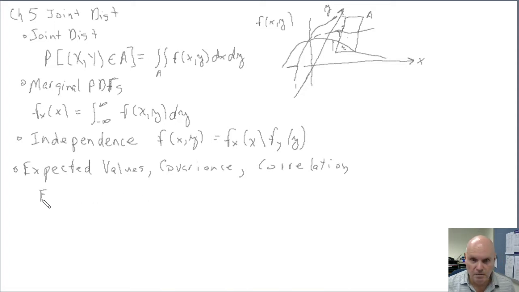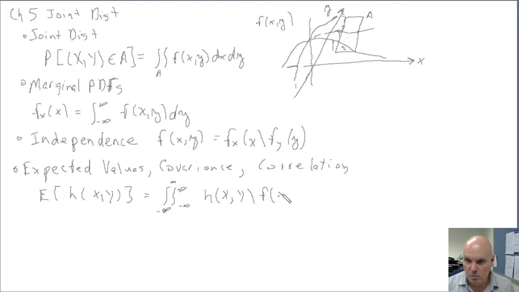So the expected value of any function h of the random variables x and y is the integral over all x and over all y of that function times the joint PDF, dx dy.